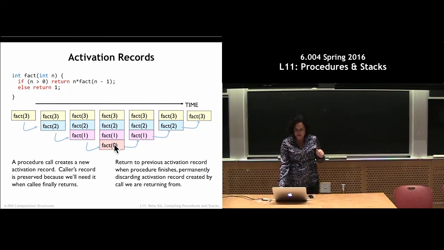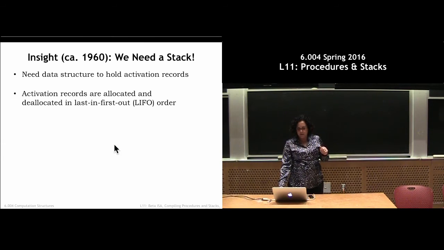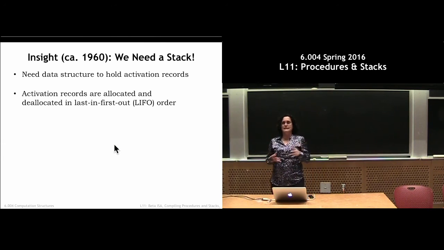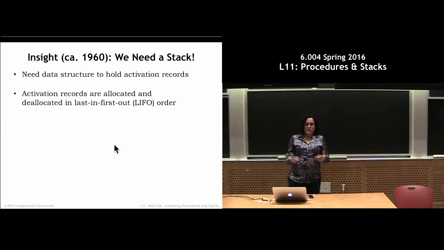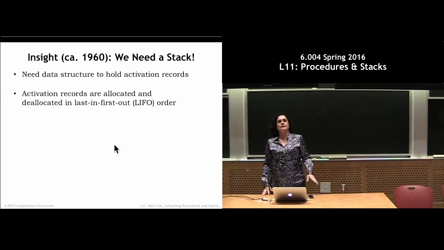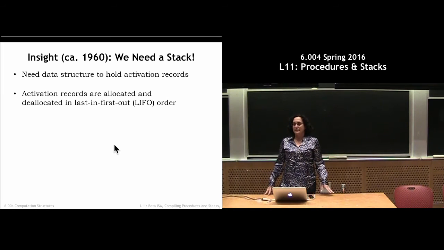Okay? So let's take a closer look at what's going to go into these activation records and how we might go about implementing it. So the first thing is that we want to introduce this concept of a stack.